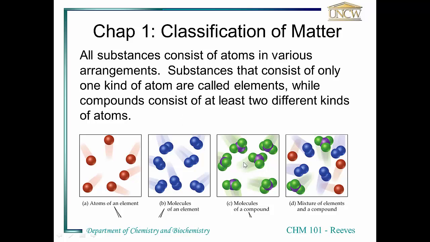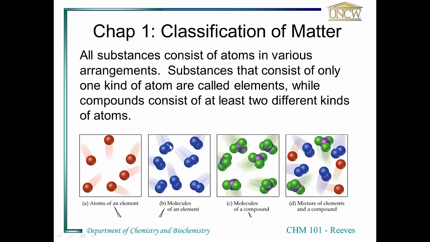And you can see that in the second picture, the atoms present are all the same, but this time, 2 are attached together in what we call a molecule. A molecule involves 2 or more atoms that are bonded together by sharing electrons, forming what we call covalent bonds. So in this case, you also have an element, because there's only 1 kind of atom.